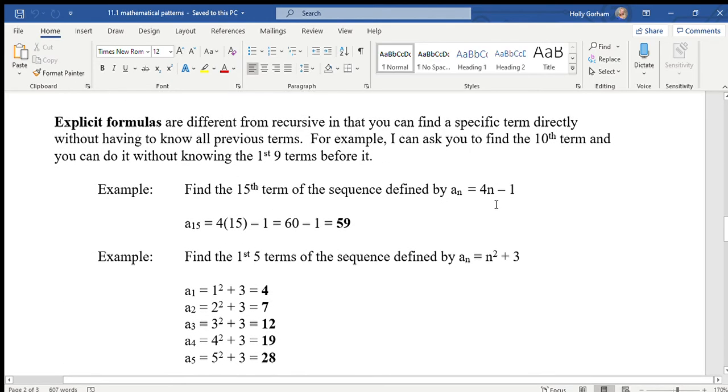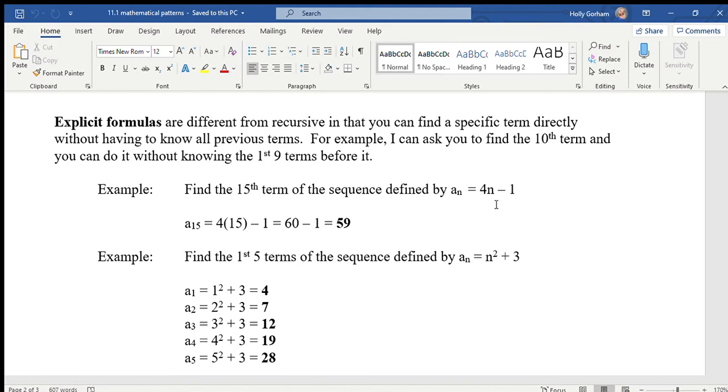Now, those are recursive formulas, but let's talk about explicit formulas. Explicit formulas are different in that you can find a specific term directly without having to know any previous terms. So I could ask you to find the 10th term, and you could do that without knowing any of the terms before it.